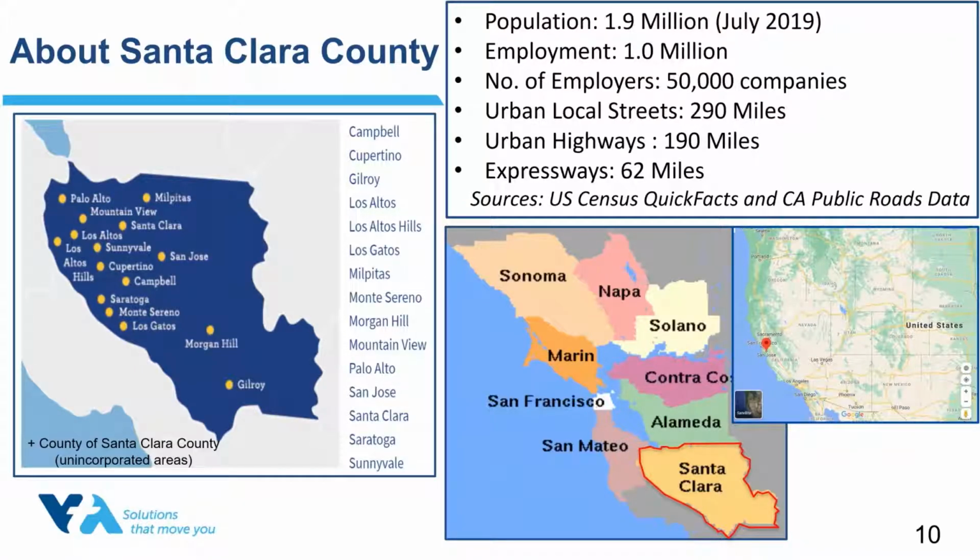So a little bit about Santa Clara County, or Silicon Valley. It can be described as a mix of rural, suburban, and urban communities, with a multimodal network of toll lanes, expressways, trains, and buses, like explained earlier, to support it. We have about 1.9 million residents and regional commuters.